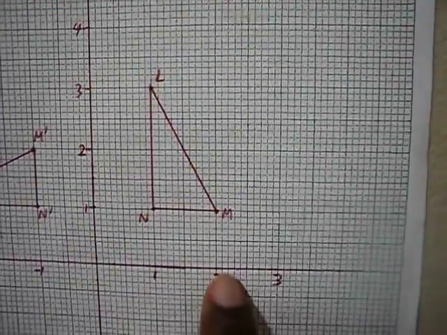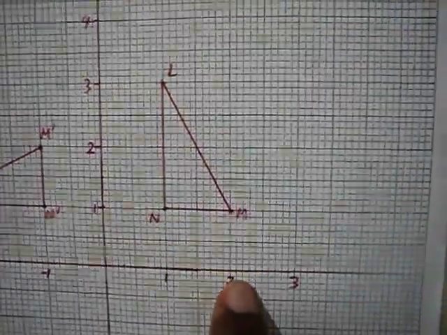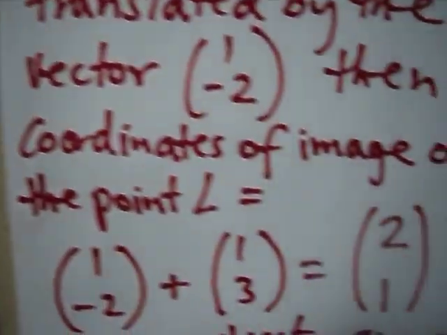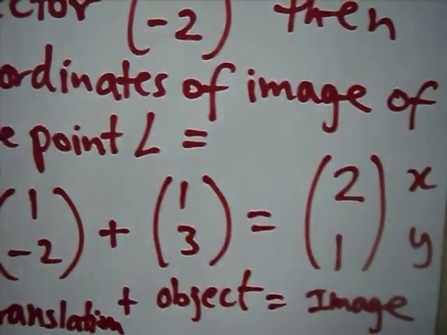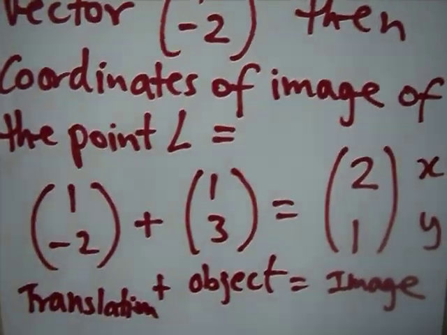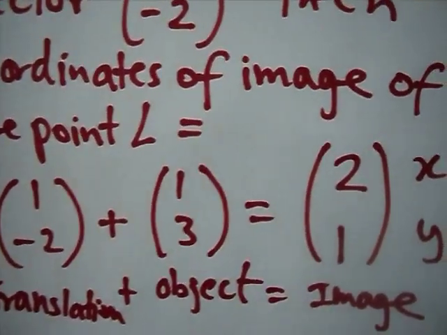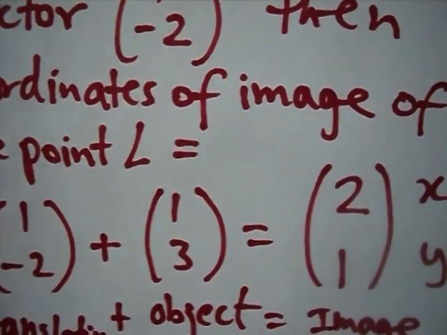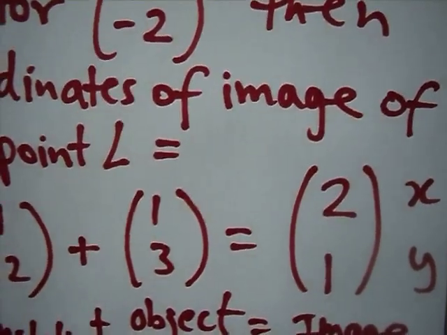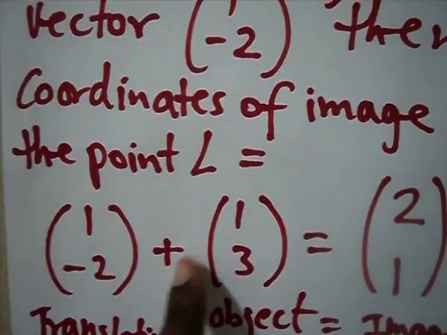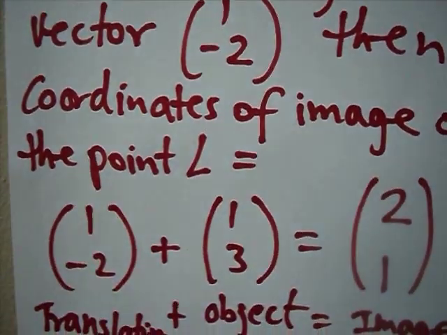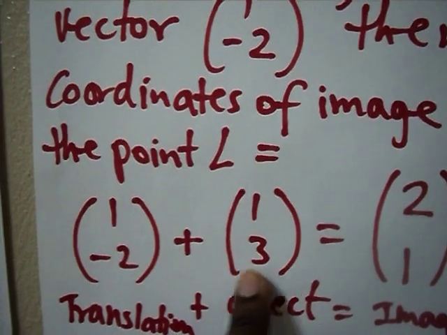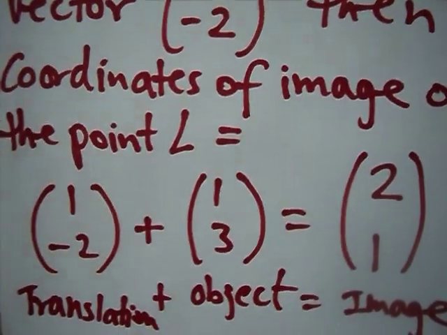The coordinates X 2, Y 1 end up here. Again, X 2, Y 1. That's your answer. So we have done it 2 ways. We have done it manually, where I used the graph, or you can simply add the translation to the coordinates of whatever point, then you're going to get your image. Very important.